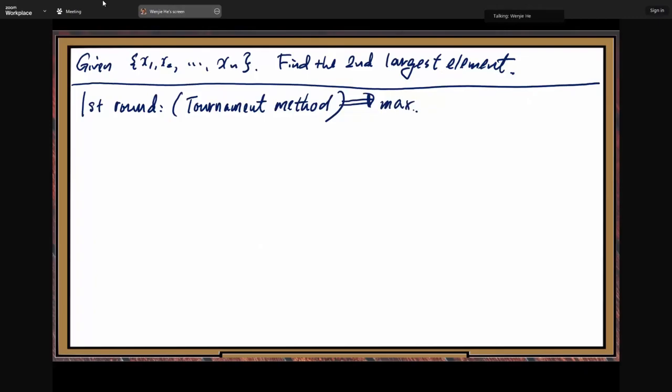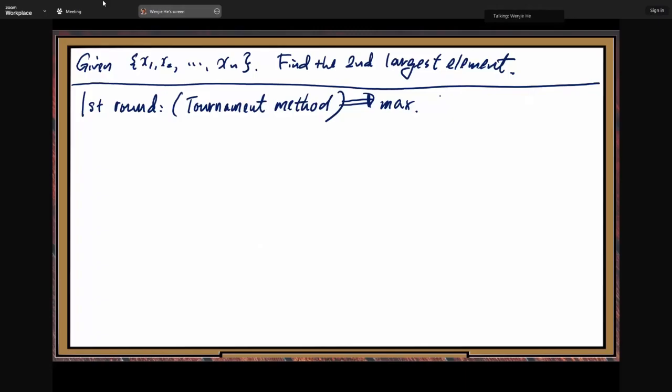We need many rounds, right? Many rounds in the tournament method. Elimination. The final champion, the final winner. You really need to get the final winner. So many rounds of games you need to play.